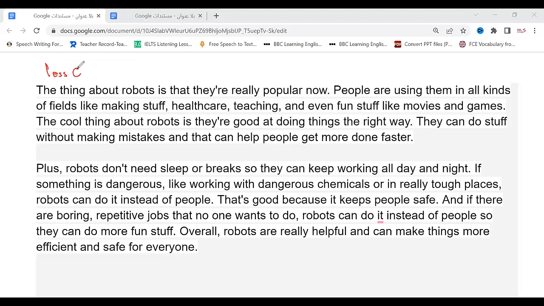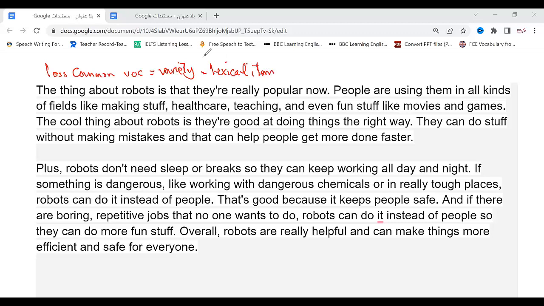Let's agree on this term, less common vocabulary, and we can name it variety of vocabulary, and we can name it lexical terms or lexical items.